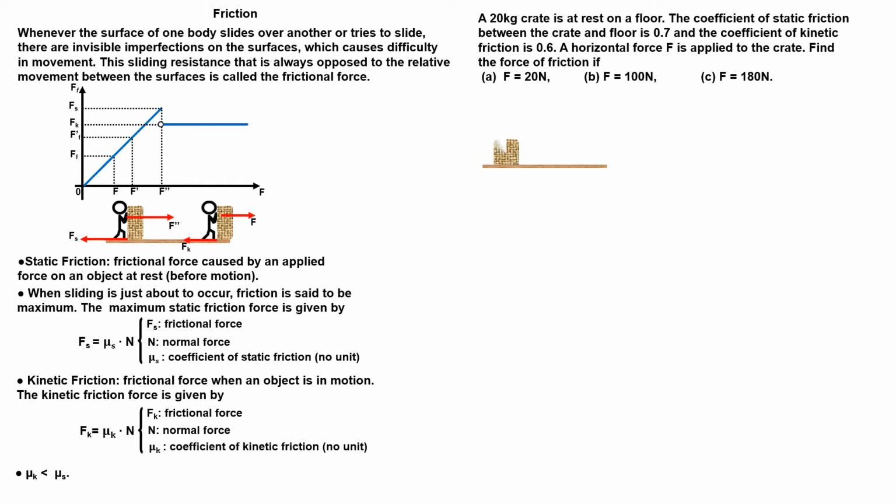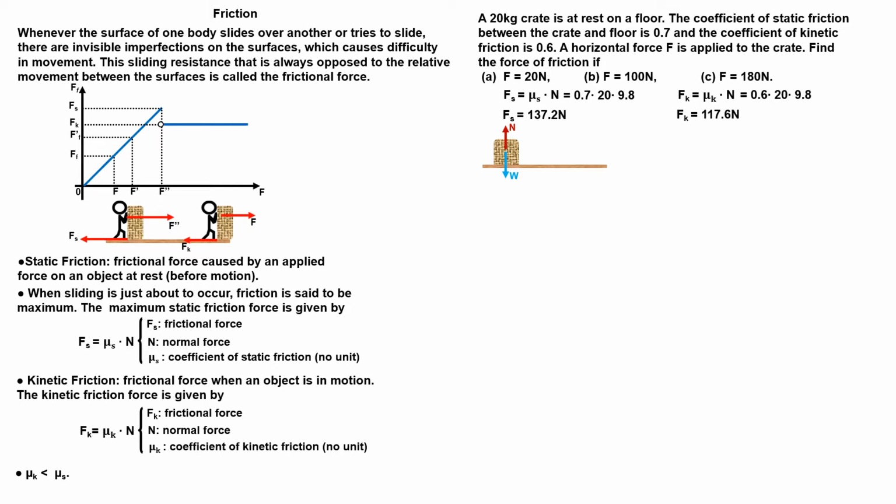First of all, we must find the maximum force of static friction and the magnitude of the kinetic frictional force. The maximum frictional force that can develop between the crate and the surface is 137.2 newtons, and the kinetic frictional force will be equal to 117.6 newtons.